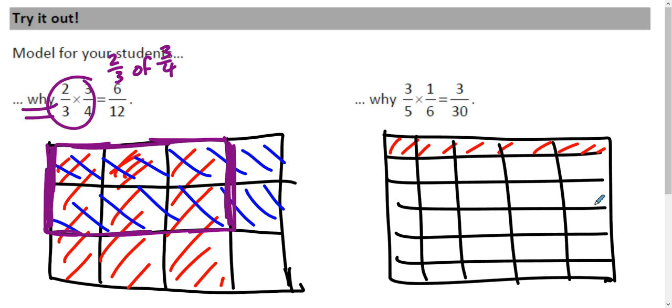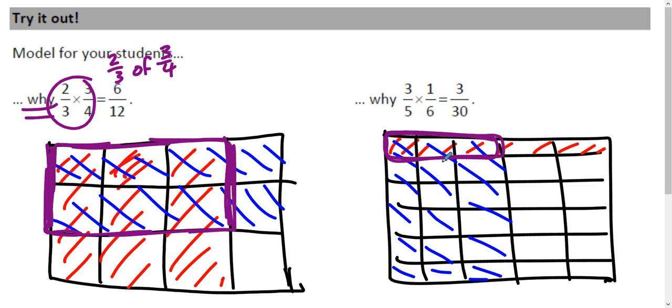So fifths going this way, we want 3 of those. And so what do we got? We have 3 little rectangles out of the 30 rectangles. That's 3/30.